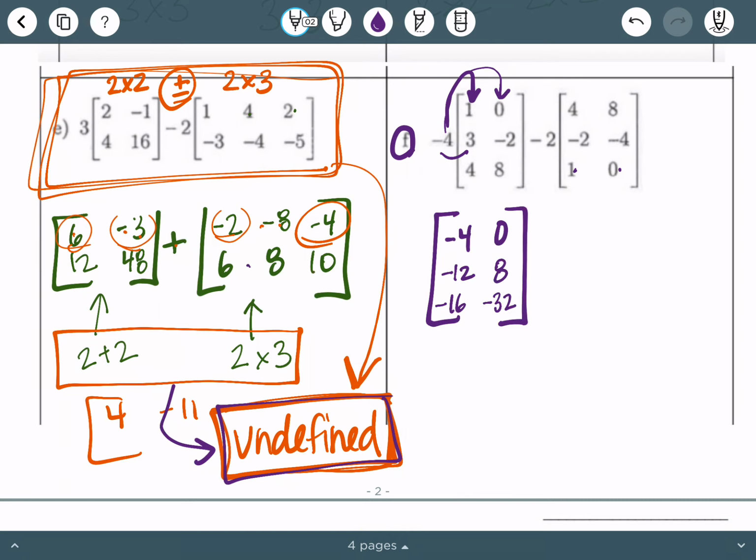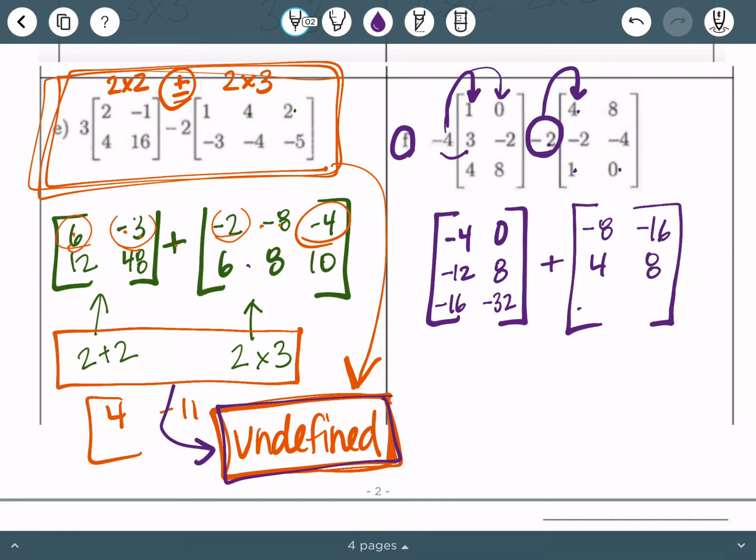I'm going to trust that you guys can type those in your calculator if you're really struggling. I'm going to deal with the whole negative 2 here. So I'm going to have a plus sign. I'm going to draw my matrix here. 2 times negative 4, negative 8, negative 16, positive 4, positive 8, negative 2, and 0.